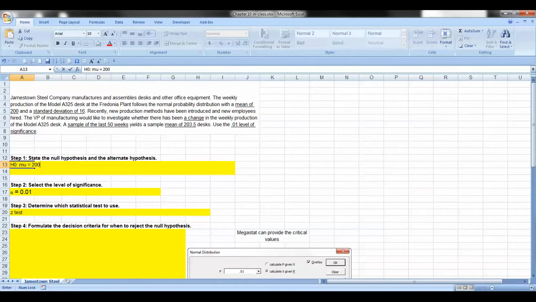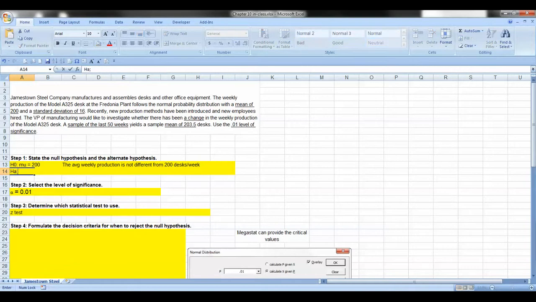In other words, we think that the population mean is 200. The average weekly production is not different from 200 desks per week.